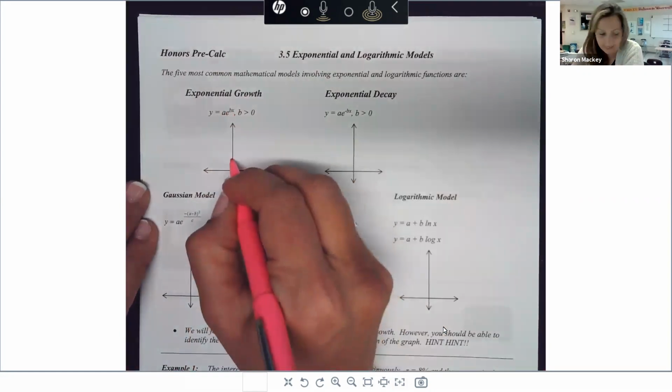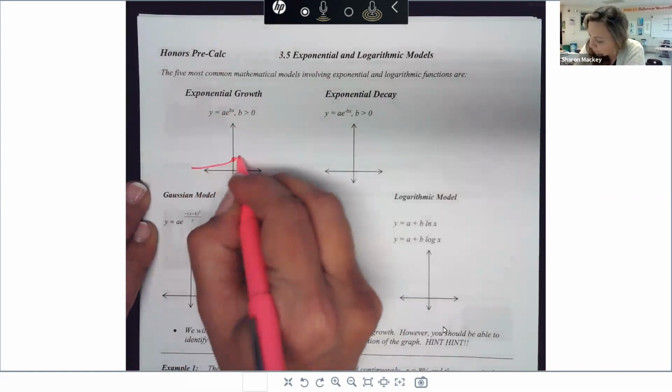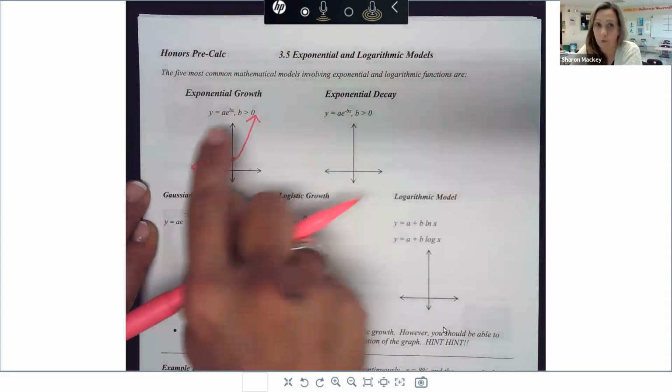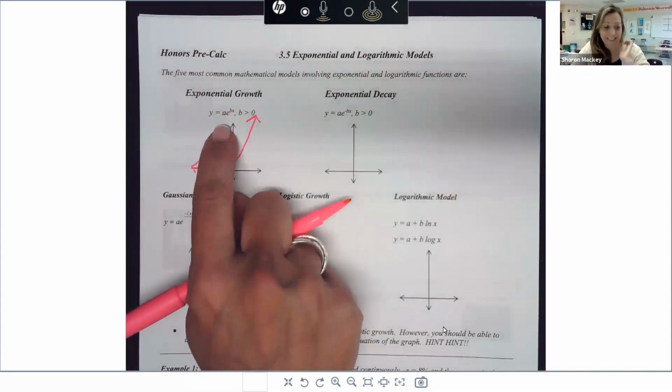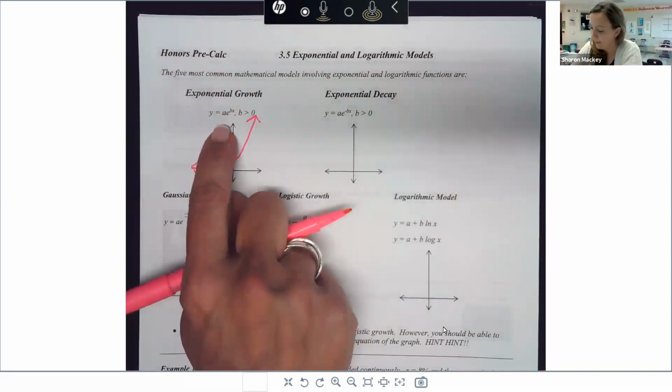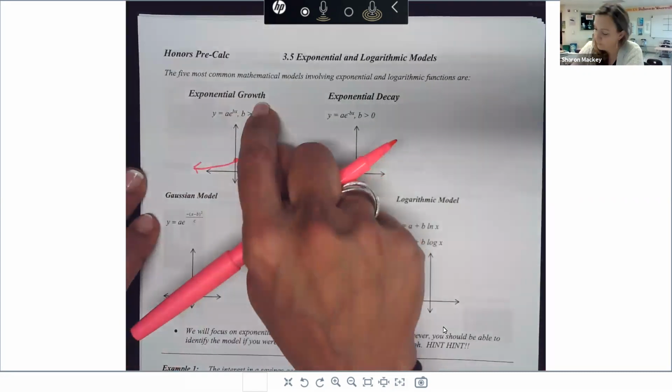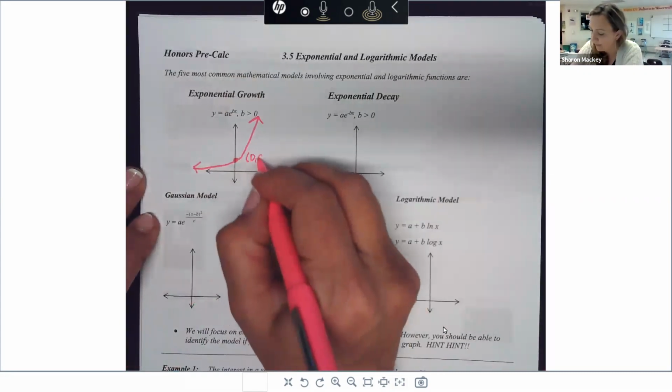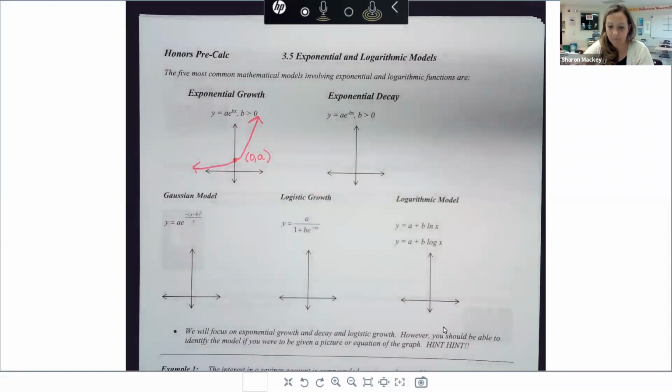So essentially what that's going to look like, we know that exponential growth with natural base e is going to be increasing from left to right, and this would have the ordered pair (0, a). All right, so that's a very common function that's used to model lots of different things.